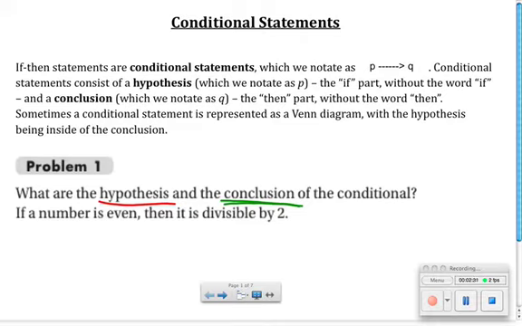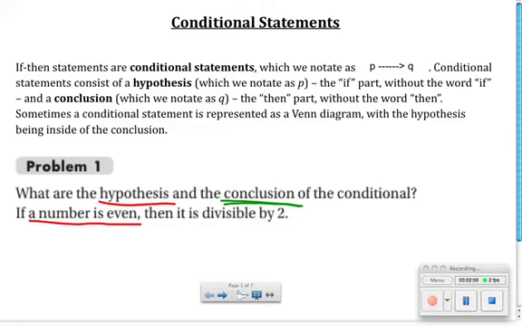So in this problem, my hypothesis is the if part without the word if. So can someone read to me what is the hypothesis of that statement in problem 1? What is the hypothesis of the statement in problem 1, Jesse? That's it. A number is even. That's my hypothesis.